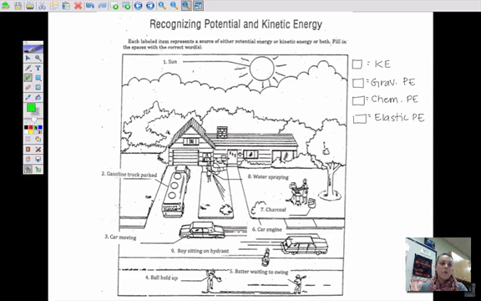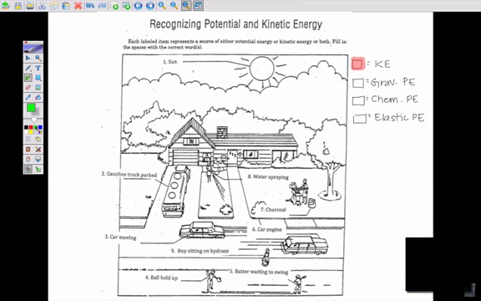So for example, I'm going to make kinetic energy red, gravitational potential energy green, chemical potential energy yellow, and elastic potential energy blue. And what I'm going to do with my colored pencils is I'm going to color in these objects that are numbered with what type of energy they are.